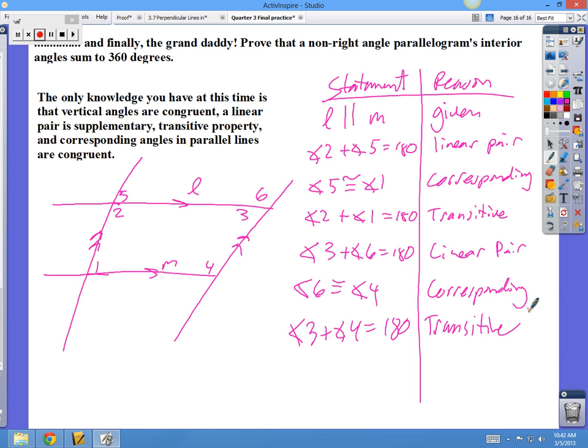And my last statement is angle 1 plus angle 2 plus angle 3 plus angle 4 equals 360. Why? Because 180 plus 180 equals 360. Done. Did it. 1 plus 2 plus 3 plus 4 is 360. So the sum of those interior angles are 360.